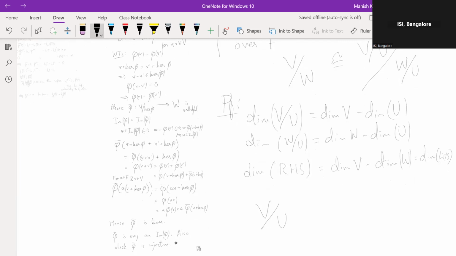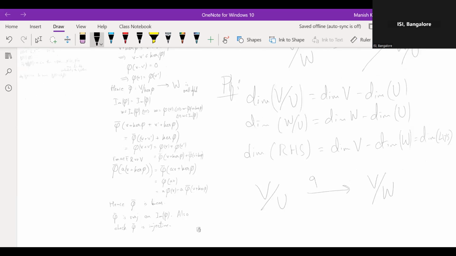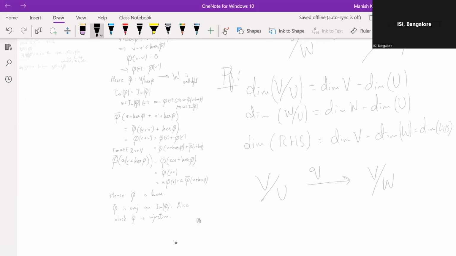So V mod U to V mod W, there is a linear map. So let's call this map Q. Okay. So what is the linear map? What should be the linear map Q? What is the natural linear map?